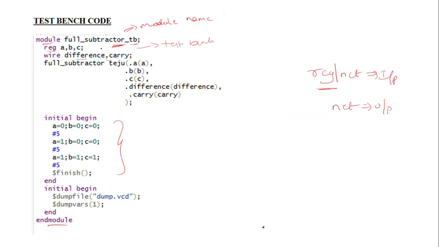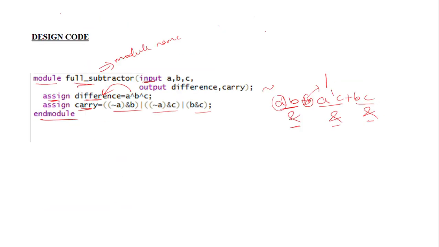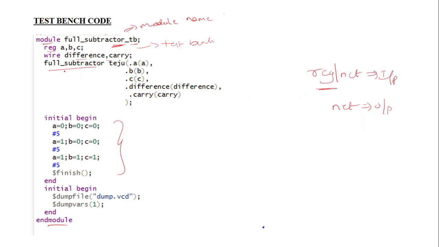Now, the design code is instantiated in this testbench code. To create the connection between these two codes, we simply write the design code module name here, and then an instance name. You can use any name, but mostly we use DUT, because it means design under test, which carries a professional meaning.